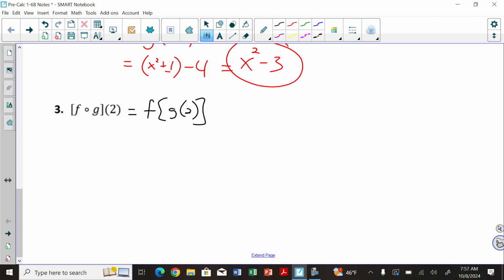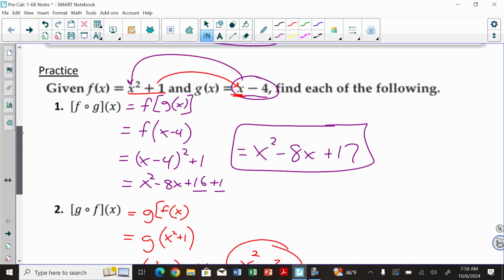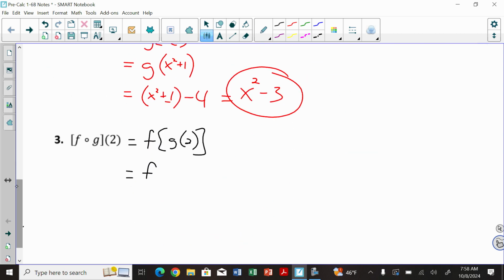The g function is x minus 4. So if we evaluate that, we're saying it's f of, and I'm just going to use parentheses here, 2 minus 4. So really, when we plug it in, it's going to be f of negative 2.